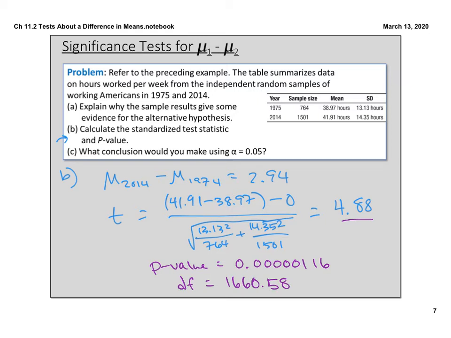Now, I want to talk to you about where I typed that into my calculator. In my calculator, I went to stat and then over to tests. And then under that, I did a 2 sample t test. For me, it's option 4. Okay, and then I typed in the stats, not the data, because we don't have the data.